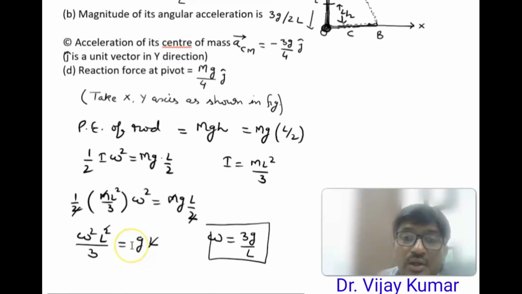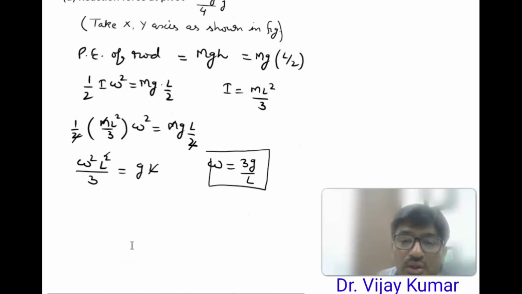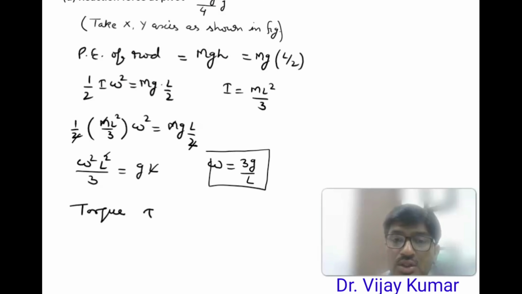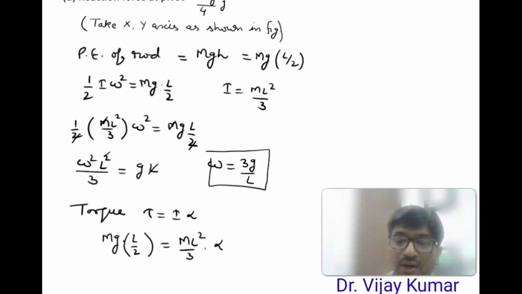Now we solve for the other options. We know that the torque is equal to I into alpha, and torque is equivalent to the potential energy term, so it should be mg into L by 2, and the moment of inertia is ml square by 3 into alpha.